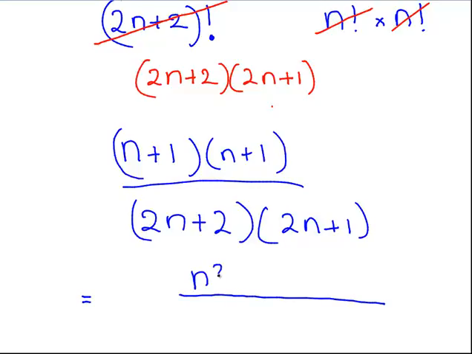So we have n squared plus 2n plus 1 over 4n squared plus 6n plus 2.